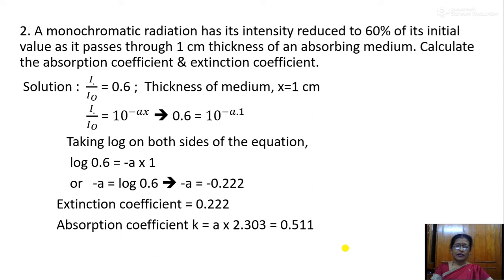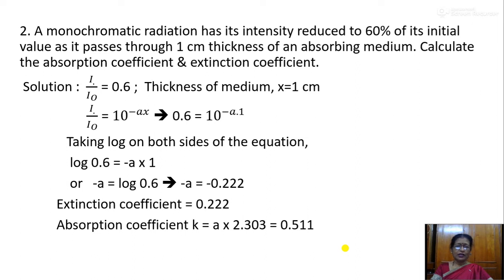That is minus a is equal to log 0.6, which will be minus 0.222. Extinction coefficient is a, that is equal to 0.222. Absorption coefficient is k. K is equal to a into 2.303.